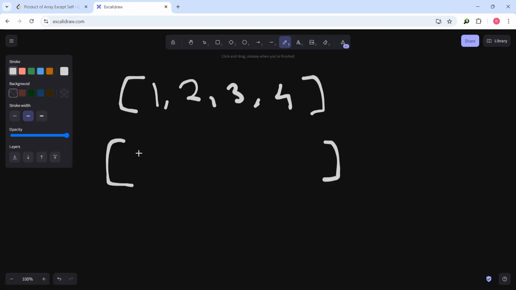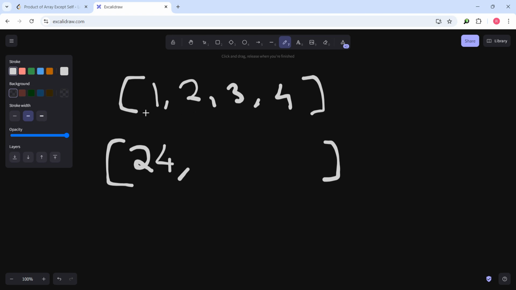That means at 1 we should get a value that is equal to the product of all these values. So let's try 2 into 3 into 4. 2 into 3 is equal to 6, 6 into 4, 24. So let's try the second value.